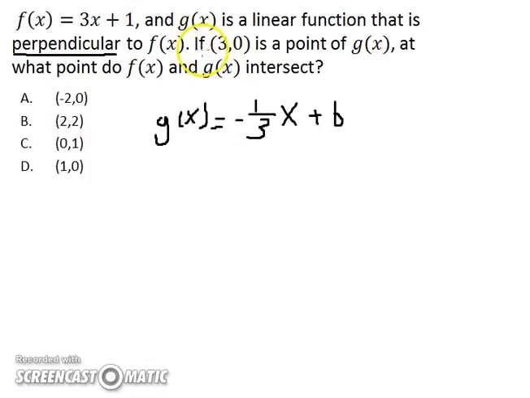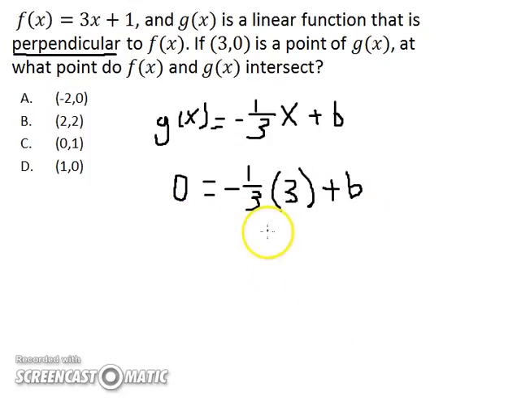The next clue we have is that (3, 0) is a point on g of x. So we can use that point to find our y-intercept. If we plug that point into the equation, 0 equals negative 1/3 times 3 plus b.